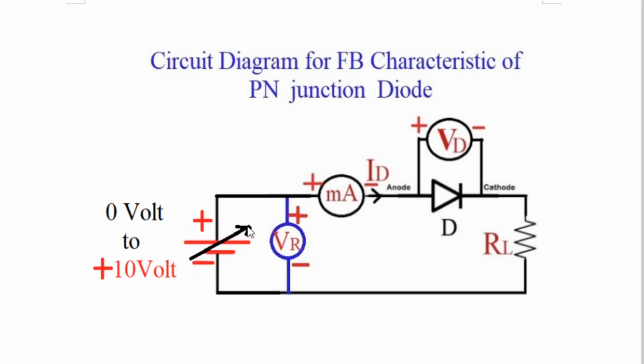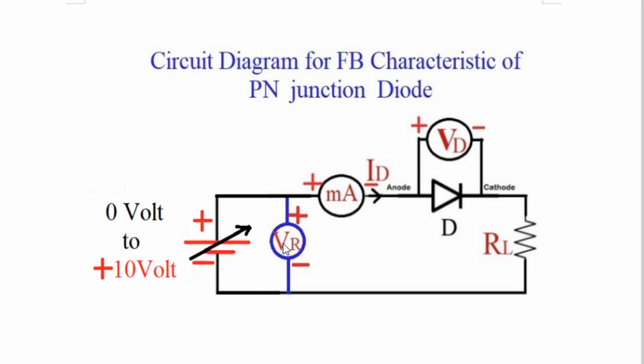That fixed 10 volt battery along with the variable resistor was working as a variable power supply, so you can replace it over here, and this is your variable voltage.